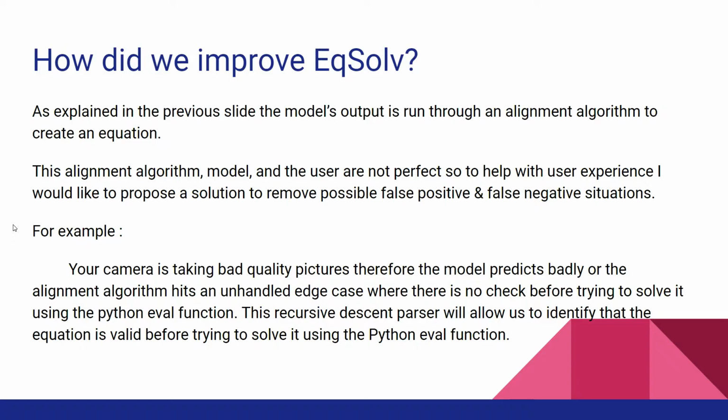For example, our camera is taking a bad quality picture, therefore the model predicts badly, or the alignment algorithm hits unhandled edge cases where there is no check before trying to solve it using the Python eval function. This recursive descent parser allows us to identify that the equation is valid before trying to solve it using the Python eval function.